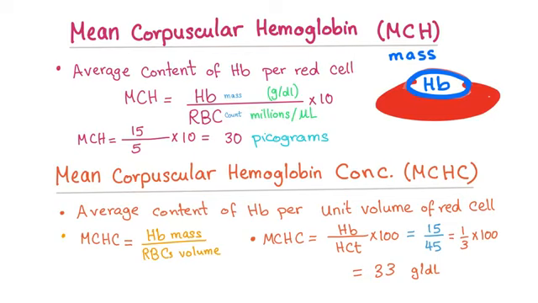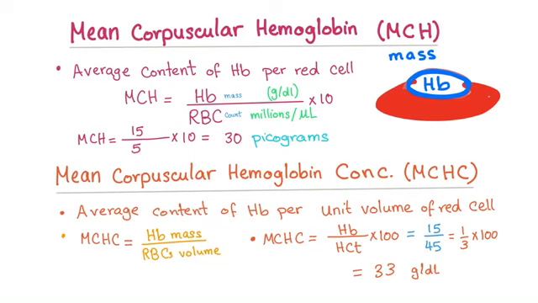Now let's talk about others. Mean corpuscular hemoglobin and mean corpuscular hemoglobin concentration. First, the MCH. It's the average content or weight of hemoglobin per red cell. This is the red cell, this is the hemoglobin, okay? Weight of the hemoglobin over the RBCs. So it's the hemoglobin mass or weight or content over the RBC count.